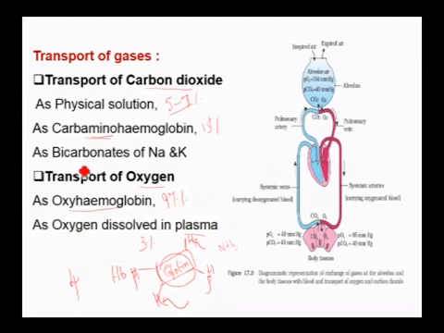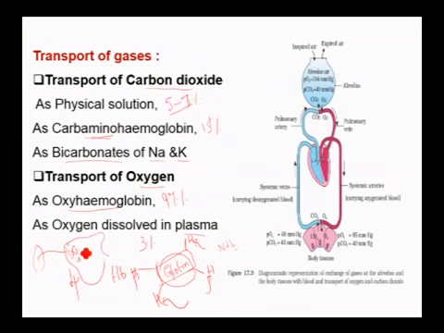The remaining carbon dioxide is transported as bicarbonates of sodium and potassium. So whatever carbon dioxide is there, it enters into the RBC. Within the cytoplasm of the RBC, there would be water.